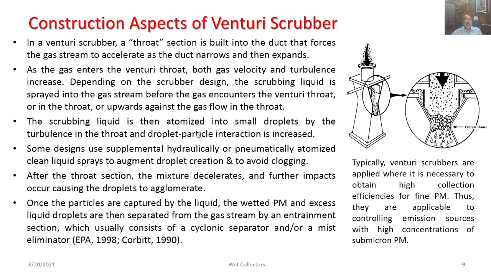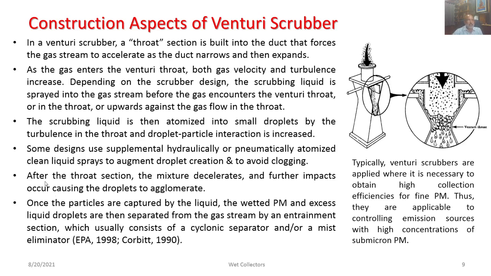So this scrubbing liquid is then atomized into small droplets by the turbulence in the throat, and droplet particle interactions increase. Some scrubber designs use supplemental hydraulically or pneumatically atomized clean liquid sprays to augment the droplet creation and avoid clogging.